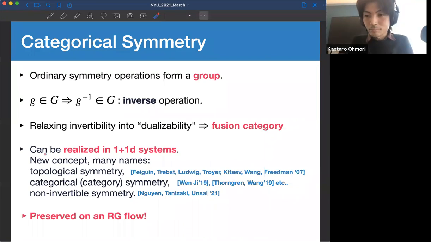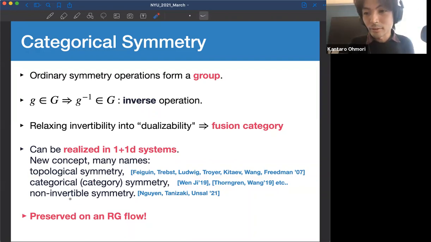And of course, the important point is that these fusion categories are realized in physical 1+1D systems. That's an important point. This is in a sense a new concept, and hence it comes with many names. Early people noticed this concept; I think in this paper they called it a topological symmetry, and Wen and others, including myself, call it a categorical symmetry.